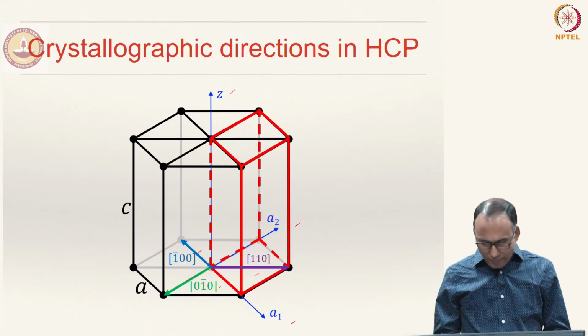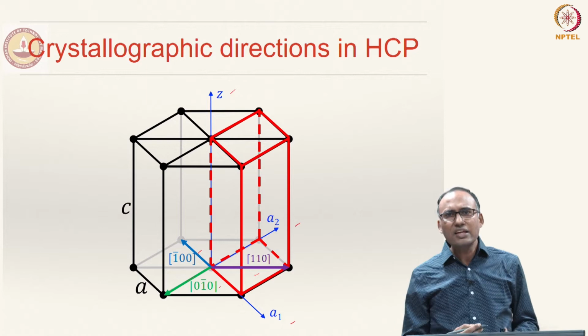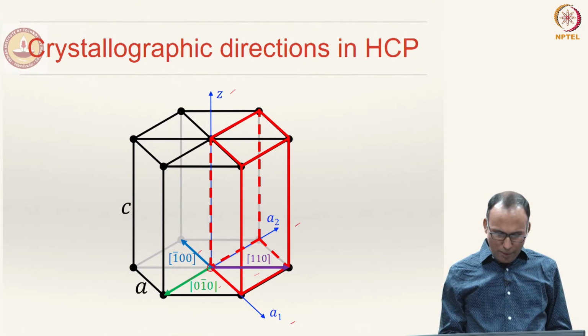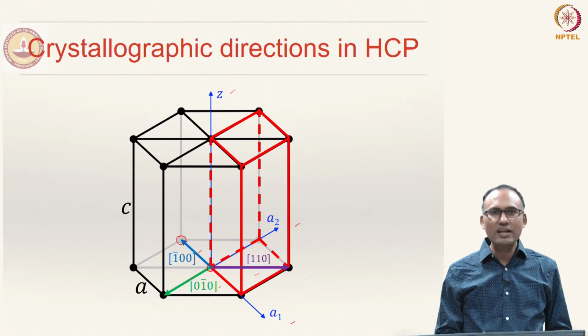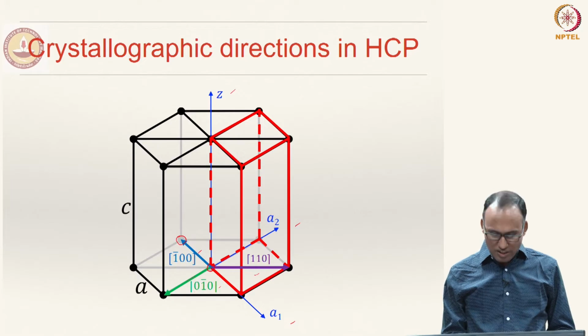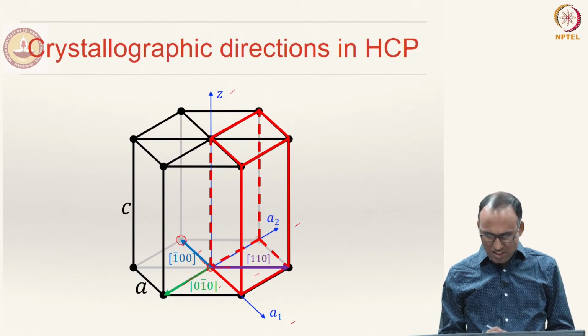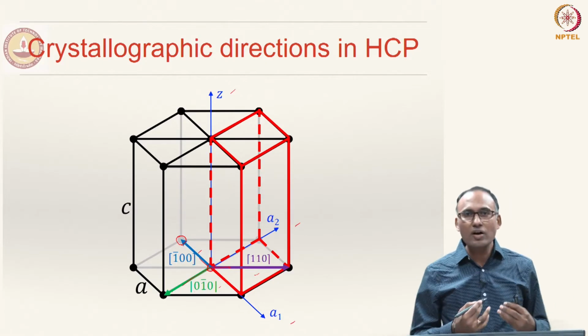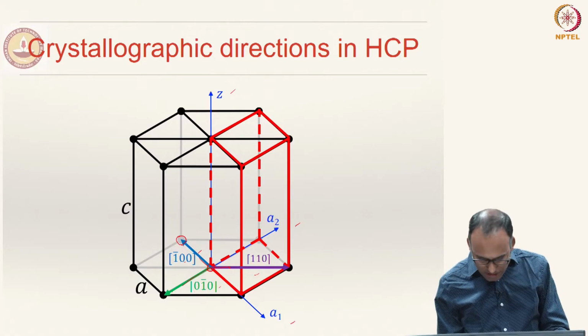But how do we define the equivalent direction? Basically, when you move from this position by the same amount, you should meet another atom, by moving the same distance. Here this distance and this distance are the same. So by our definition of equivalent directions, these three should be equivalent.